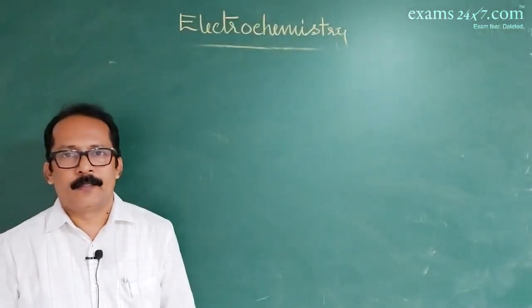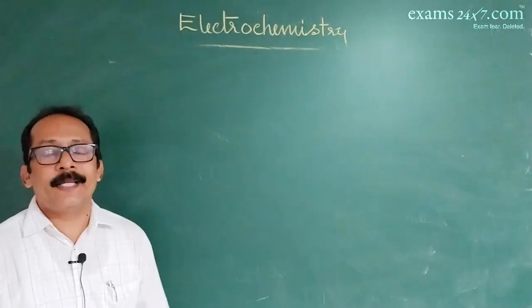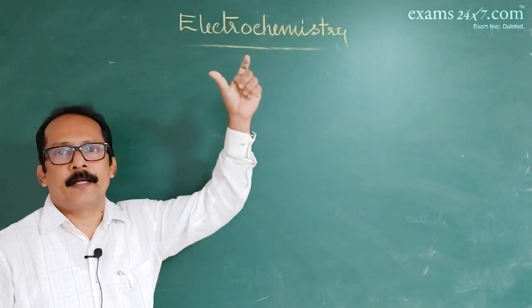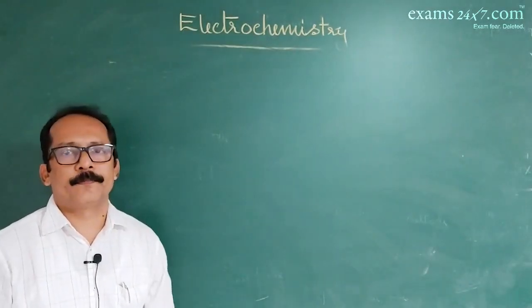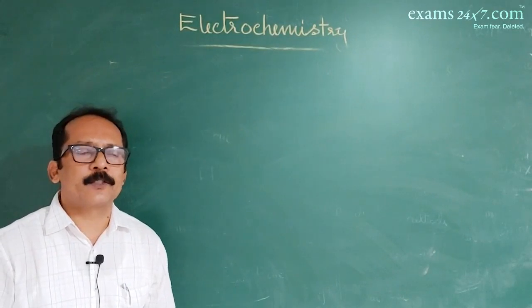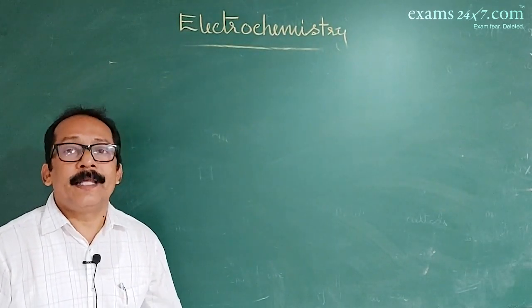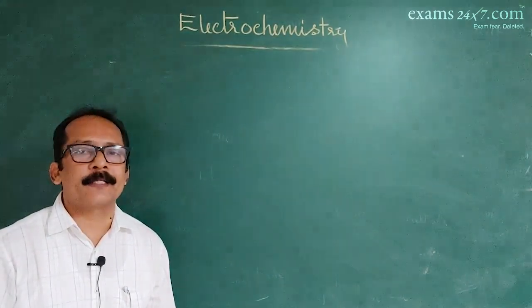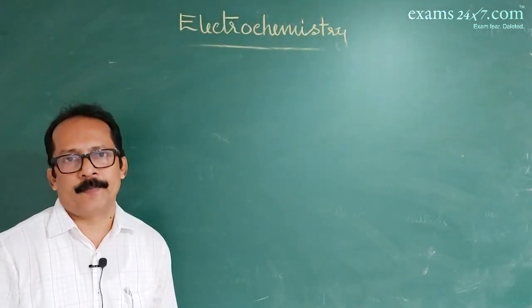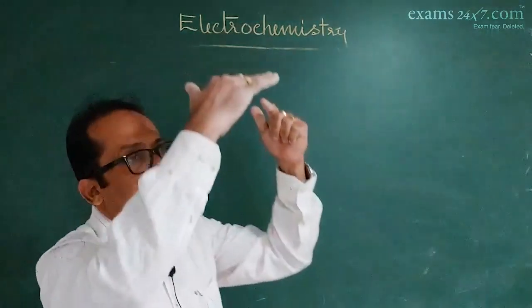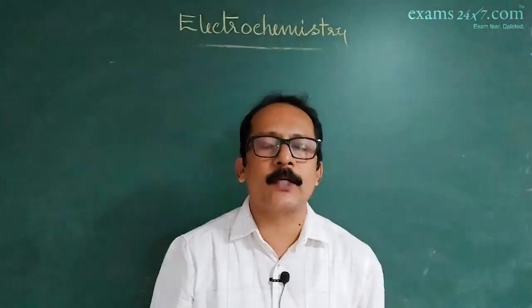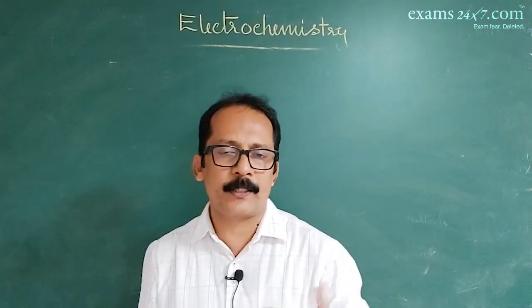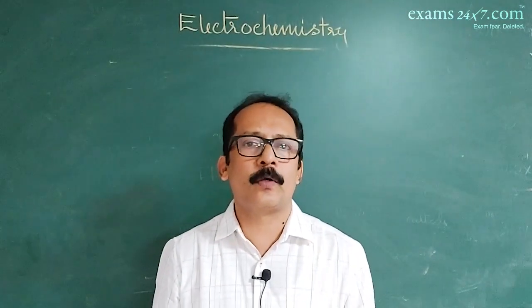When you arrange the electrodes, fluorine comes at the top with a positive value, and lithium has the lowest value, minus 3.05. This series is called the electrochemical series.